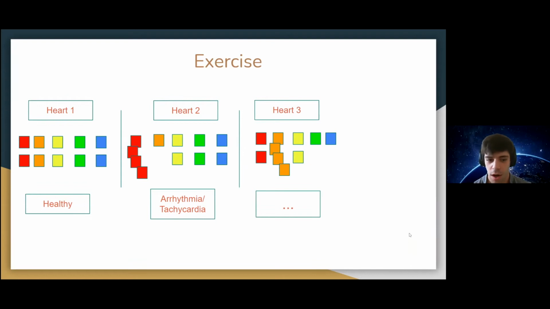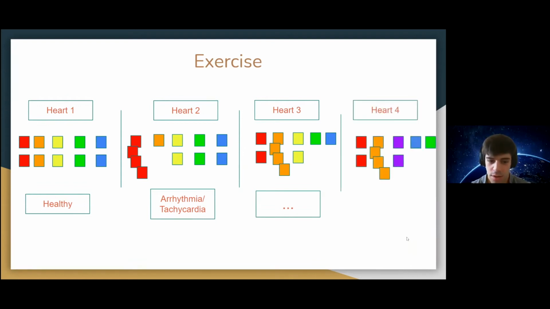Once we look at heart 4, there's more than one degree of separation away from heart 2 and heart 3, so we're not entirely sure how to diagnose the heart.